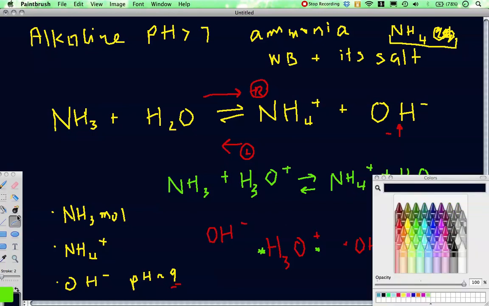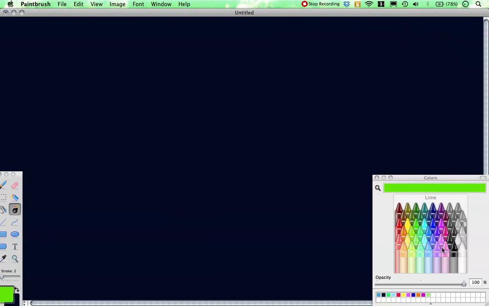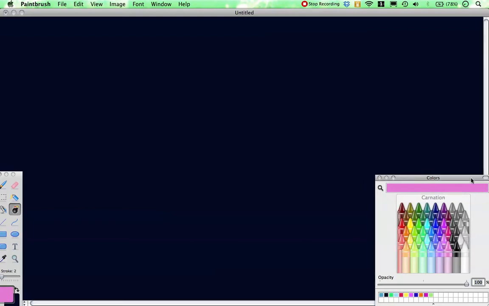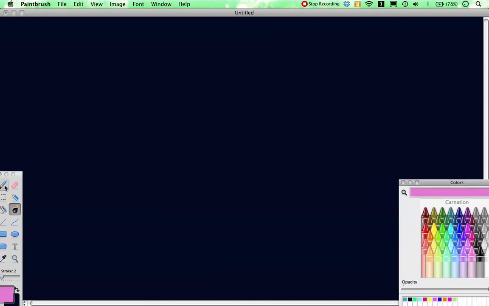Just to give you a quick introduction, you'll read more about this in your text and in class, but perhaps the most important buffer system that we're going to discuss is the buffering of human blood. Blood in humans has to have its pH maintained between 7.35 and 7.45, so it's very slightly alkaline.